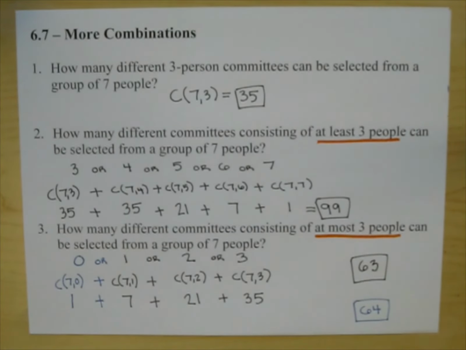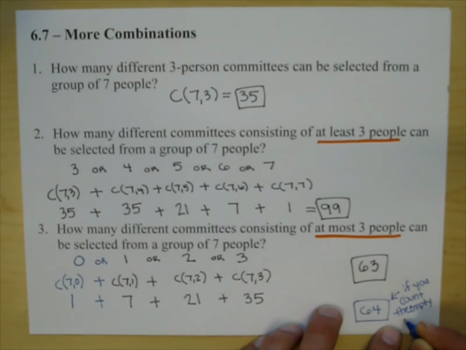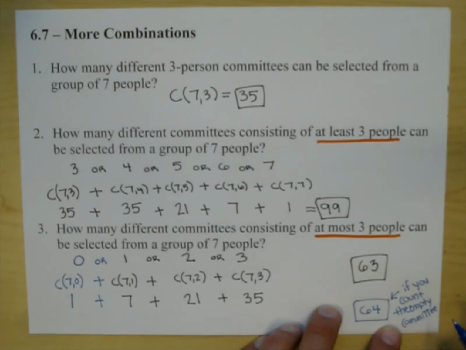And so some of you would say, well, I feel more comfortable putting 63 as the answer. So this will be the one time in this class where I would accept either answer for this particular kind of problem. So this 64, this is if you count the empty committee, or the committee that has 0 people on it.